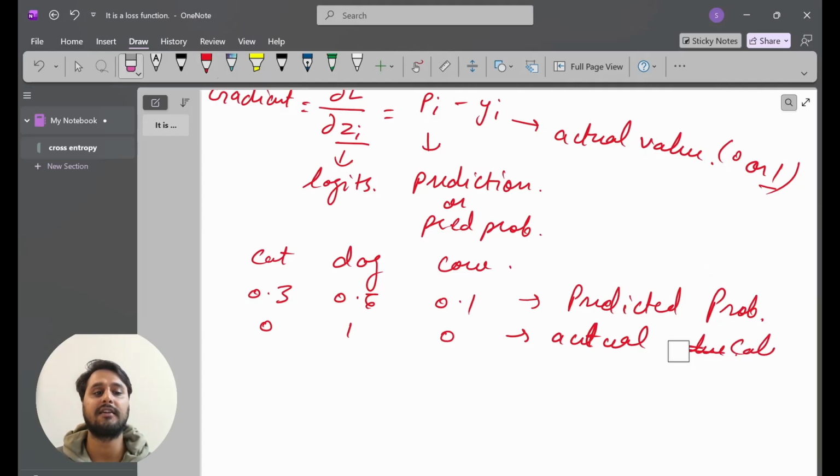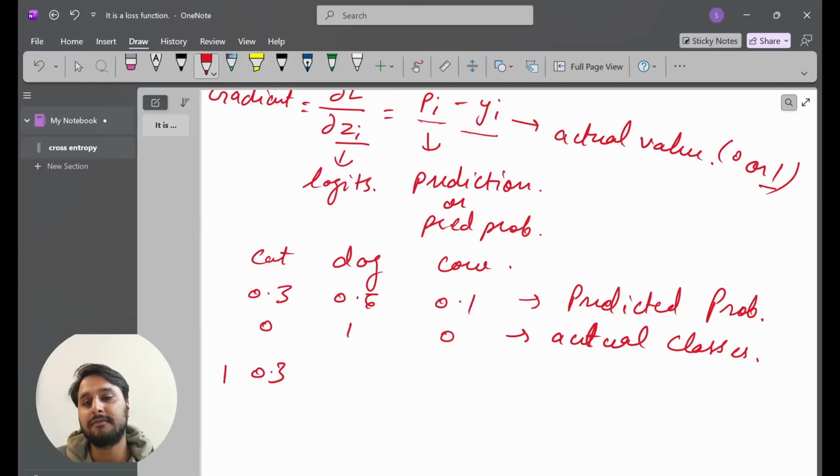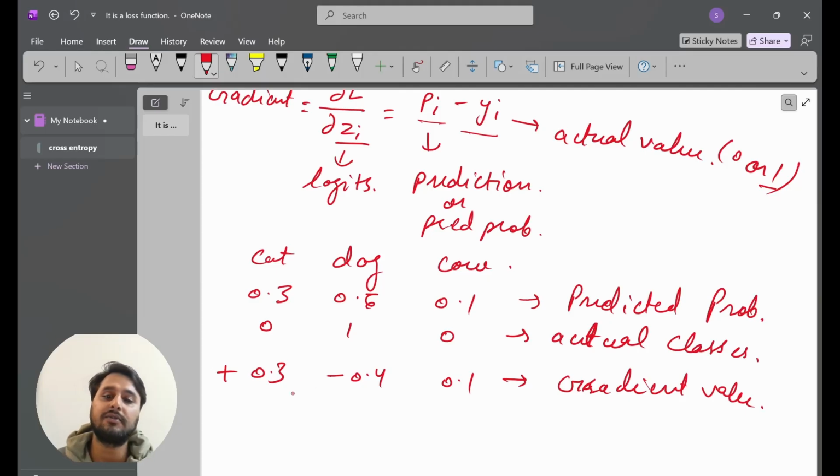The gradient is the predicted probability minus the actual class. So in this case, the gradient values are plus 0.3, minus 0.4, and plus 0.1.